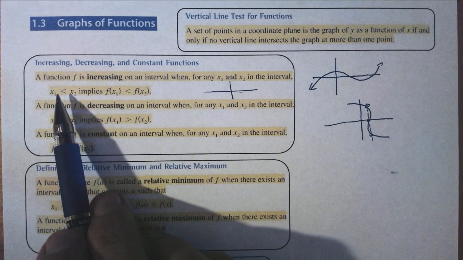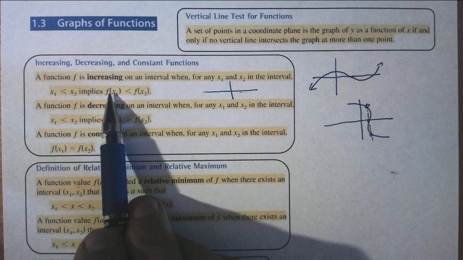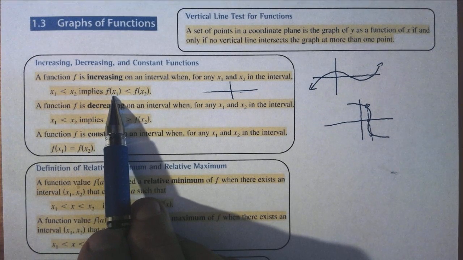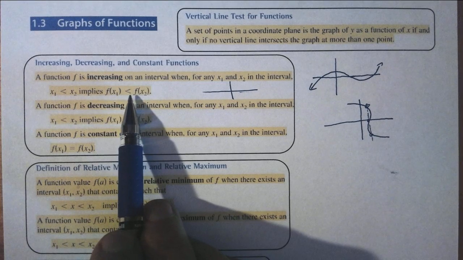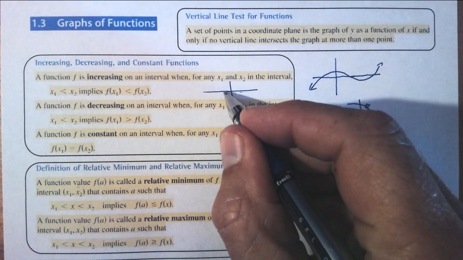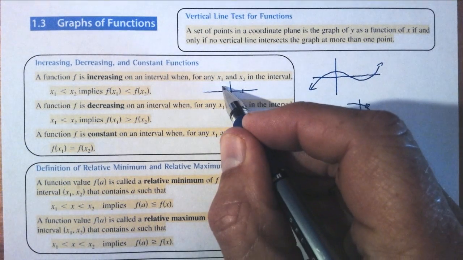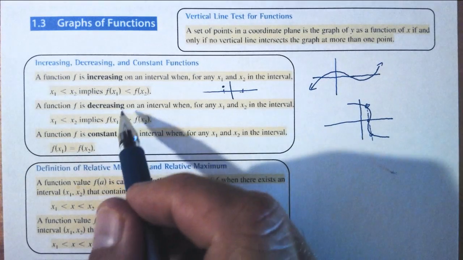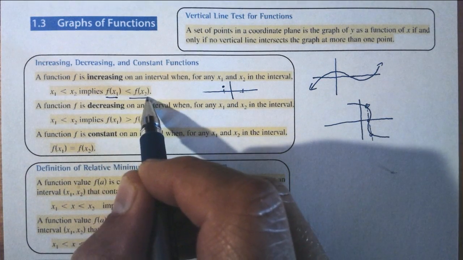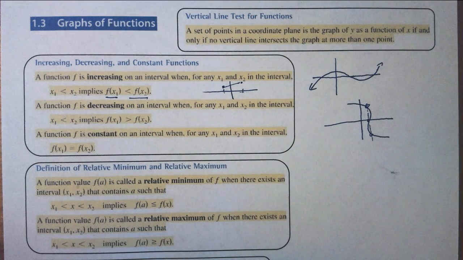If I have an x value that's left of another x value, the height at the first x value is below the height at the second. So if this is x1 and this is x2, the height of the graph at the first point is below the height at the second point. Oh, then the graph must be increasing.